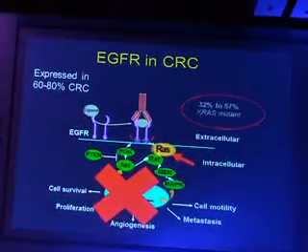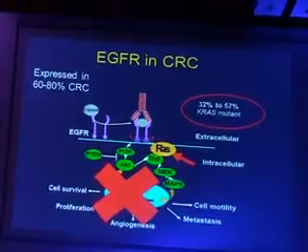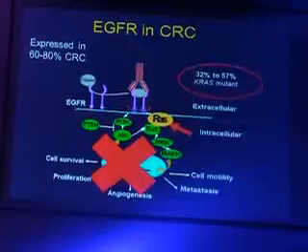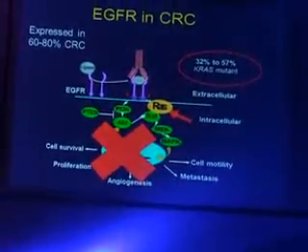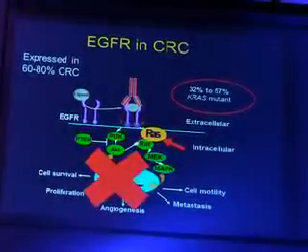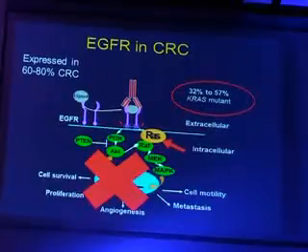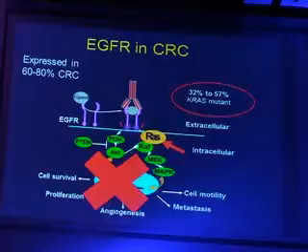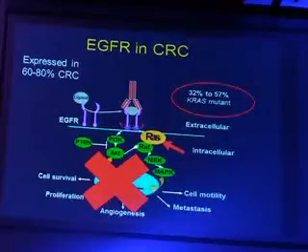However, in around 40 to 50 to 60% of the patients, you will have what is called a RAS mutation. In these cases, there is an inherent activation of the signal transduction irrespective of the EGFR receptor, and this is why we have EGFR antibody resistance for patients who have RAS mutation.